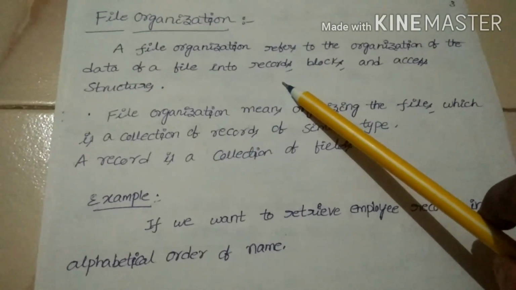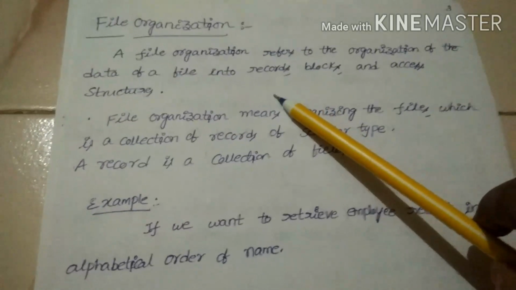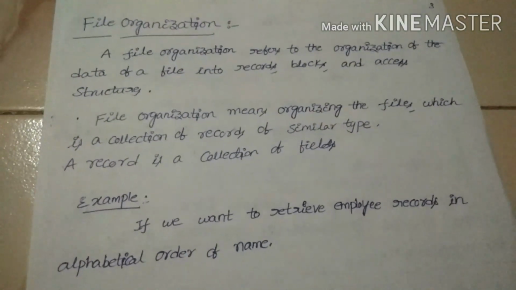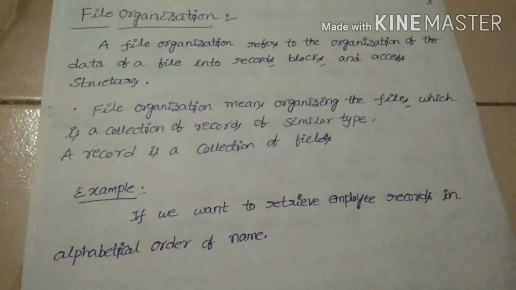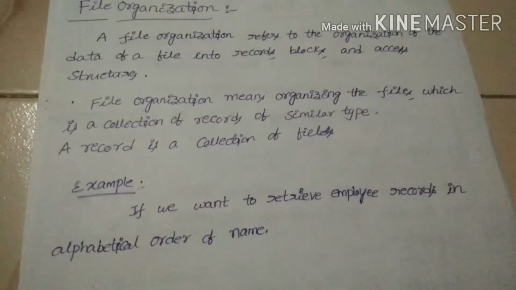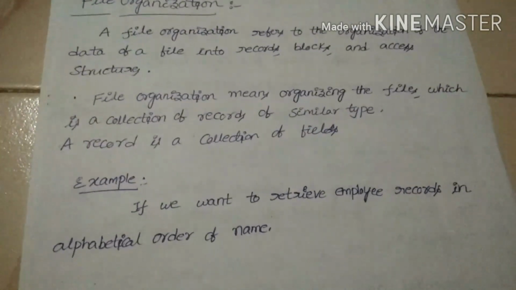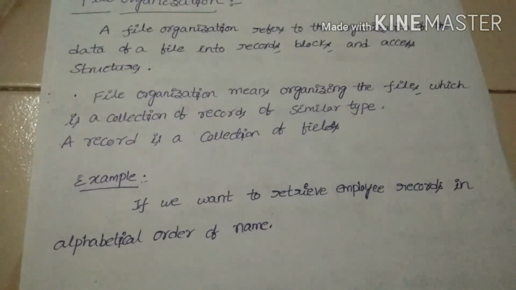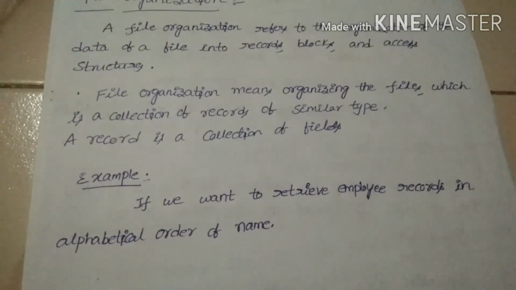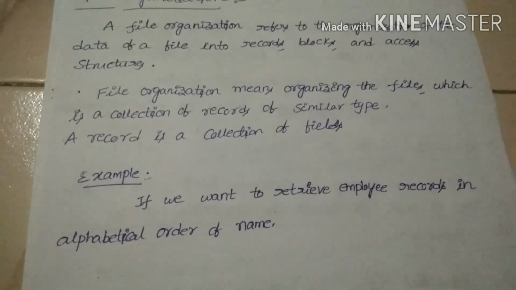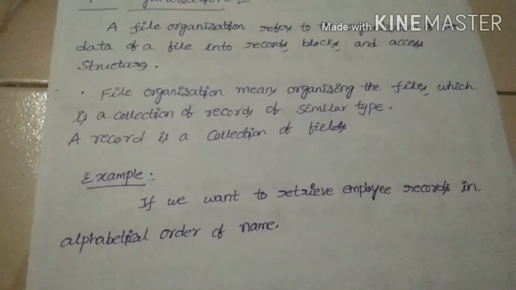In this collection of fields there are two ways of organization: first one, files of unordered records, and second, files of ordered records. Files of unordered records means records are placed in the same order in which they are inserted in the file. New records are inserted at the end of the file. This type of file is called a heap file.